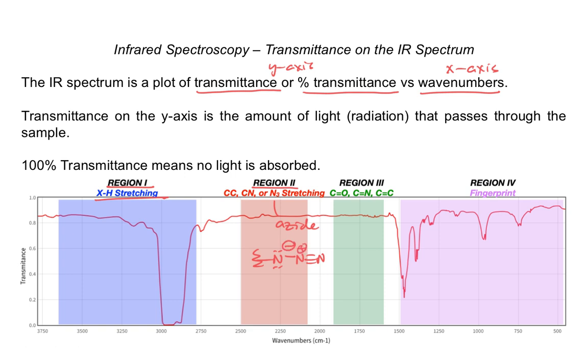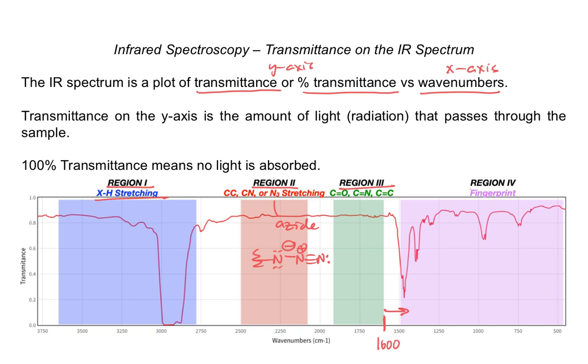So that's a nitrogen-nitrogen triple bond. And then region 3 were your carbonyls primarily. Notice up there it says carbon-nitrogen double bond and carbon-carbon double bond. Those will most likely fall lower than 1600, and that's really our cutoff.